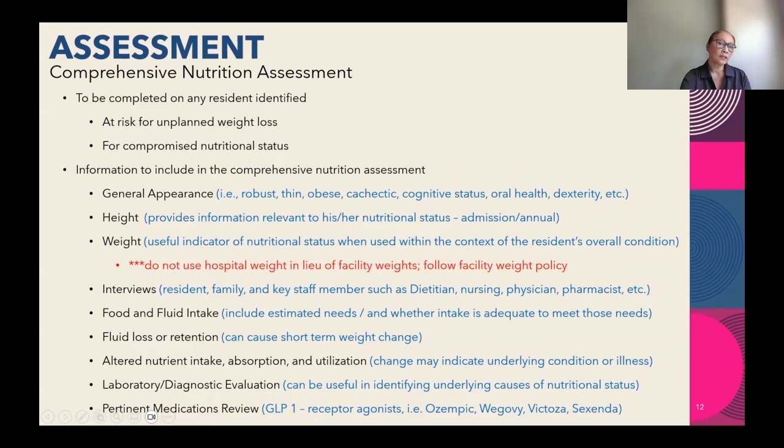And please, please, please, somewhere in your policy, make a note: do not use hospital weight in lieu of facility weight. And then obviously follow the facility weight.